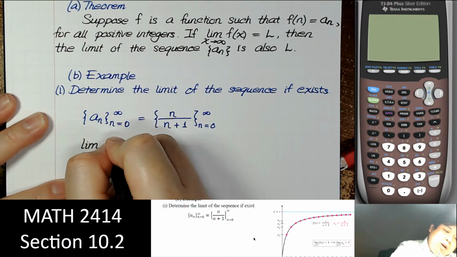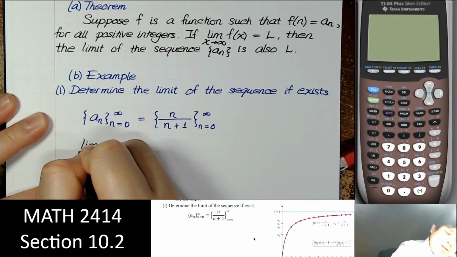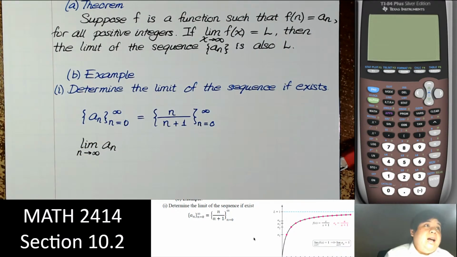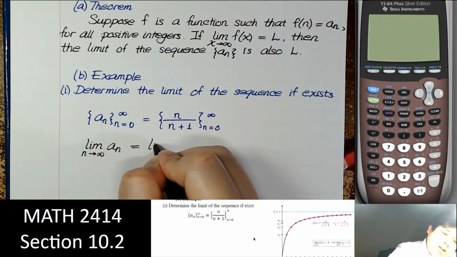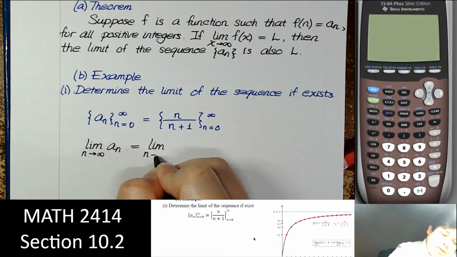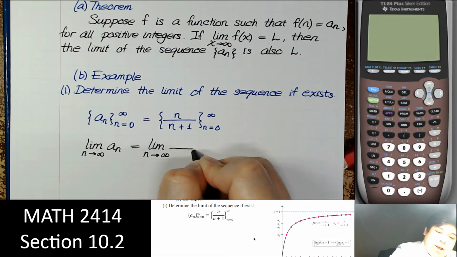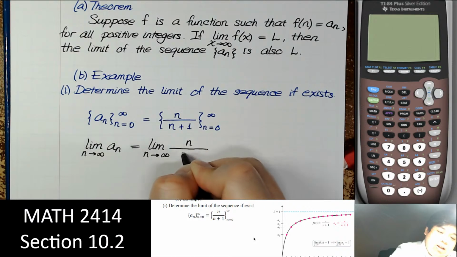Right. So pretty much we'll find the limit as n goes to infinity, and a sub n is equal to that. And we did this before, right?